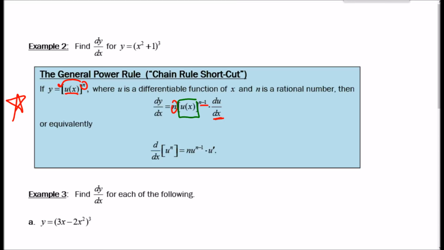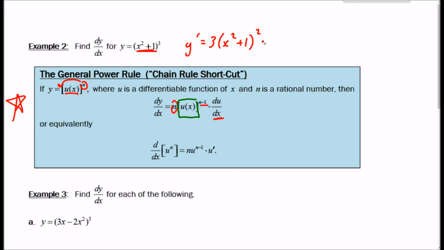So let's look for the derivative of y equals x squared plus 1 cubed. What we're going to do is take the derivative of blah to the third power. This x squared plus 1 is blah. So the derivative of blah to the third is going to be 3 blah to the second.